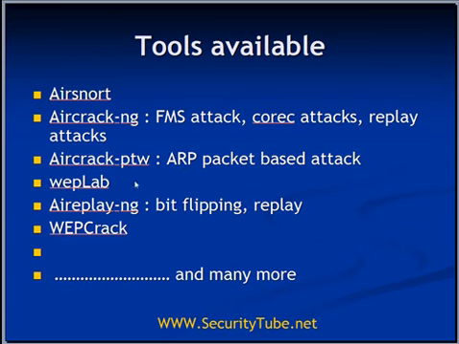There is Aireplay-ng, which comes with many tools actually. Specifically, bit flipping attacks and replay attacks are possible with Aireplay-ng. There is another tool like WEPCrack. And if you search on the internet, on Google, you will be able to find many other tools. Aircrack-ng is even available for Windows as well, and you just search for it and you will get many tools for cracking WEP keys.